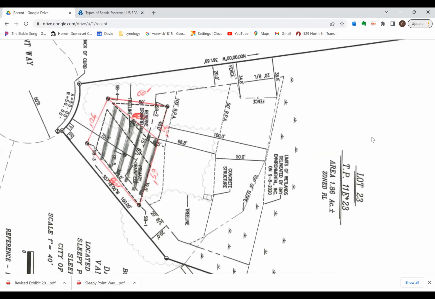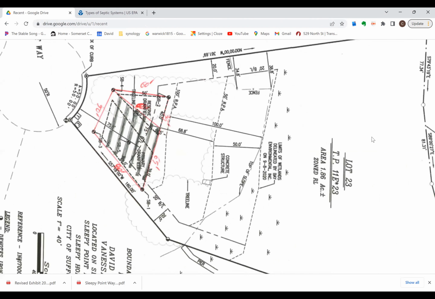So here's the same lot. Okay, so because of the wetlands setbacks, you have your landward and your seaward setback. You have Chesapeake Bay restrictions as well as river restrictions. So as you see, this little fluffy cloud looking thing is the tree line.